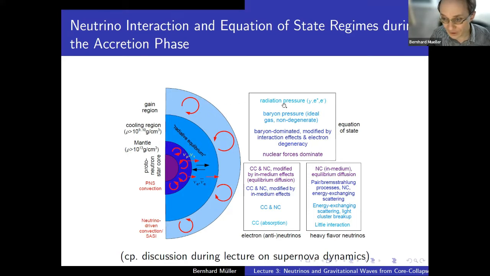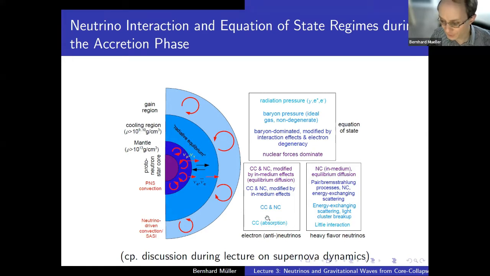In the gain region we're in a relatively simple and well understood equation of state regime. The pressure comes from non-degenerate electrons and positrons and from photons. The neutrinos interact primarily by charged current interactions and by neutral current scattering on nucleons, mainly by scattering.